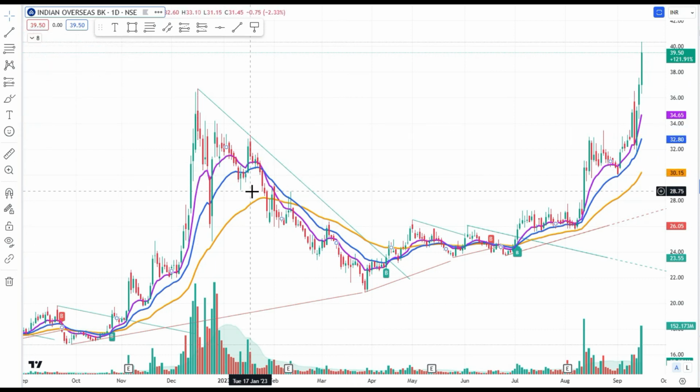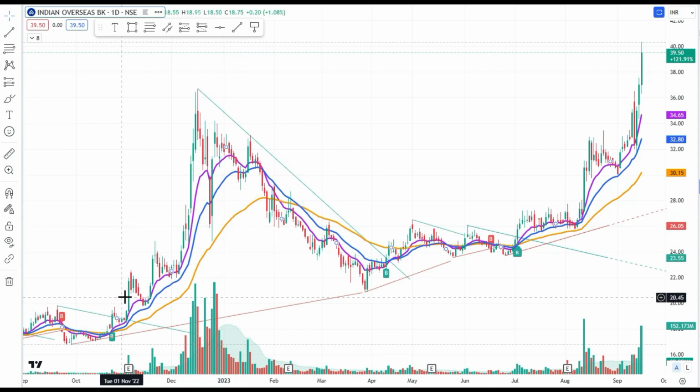The violet or purple color is the 10-day moving average. The blue is the 21 period, and the orange is the 50-day moving average. We want the stock to trade above all these levels, especially the 10-day moving average. If it is above the 21-day moving average, it is better.